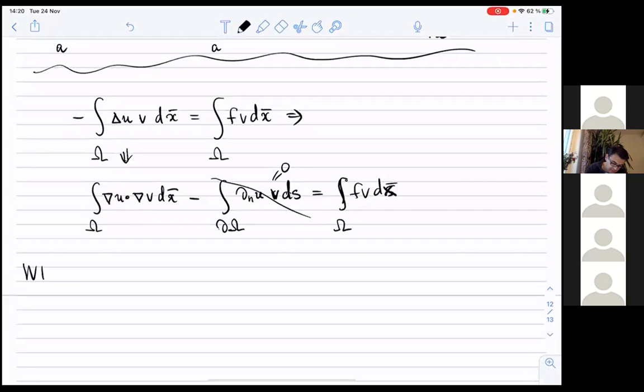And our variational formulation, or weak form, takes the following form.